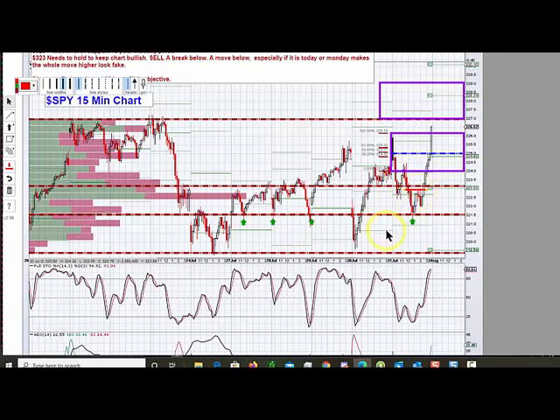Now, at this point, in your own pre-market work, if you were going to trade SPY, you knew that 321 and a half had been a place where price had found support.